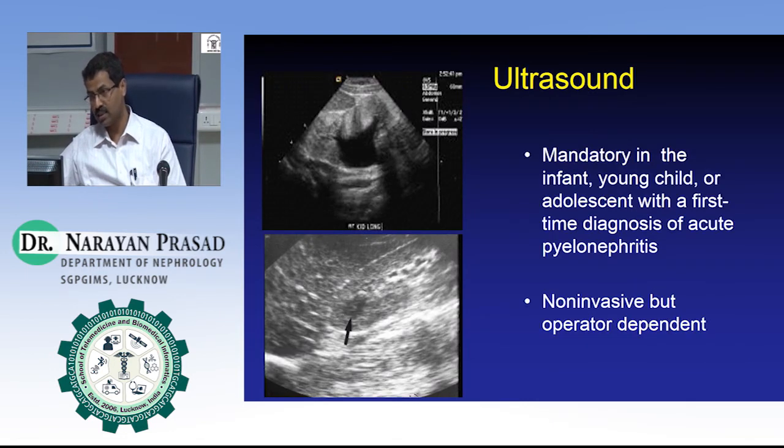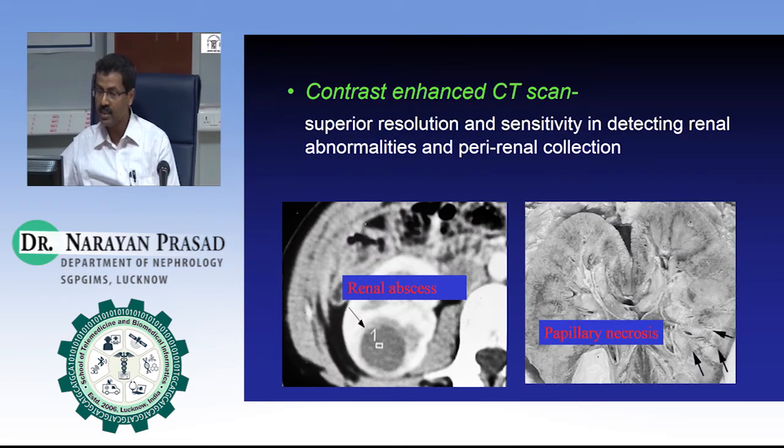This is usually seen in patients with pyelonephritis. If the patient has recurrent urinary tract infection, we should get it done, and this indicates scar or reflux nephropathy. You should avoid it during acute episodes of urinary tract infection. Ideally it should be done 6 months after the last urinary tract infection.